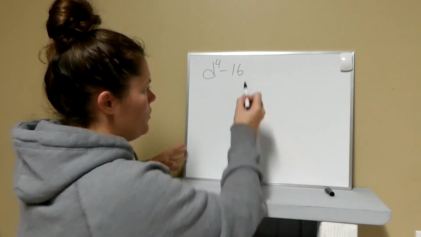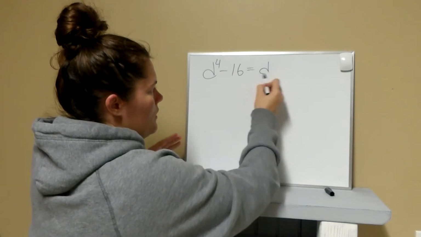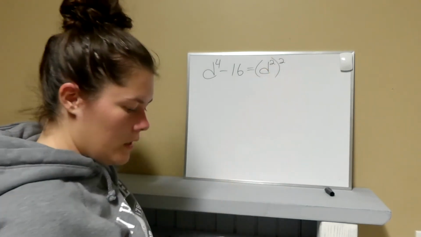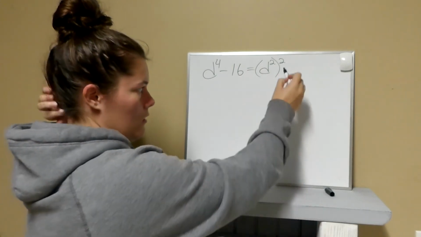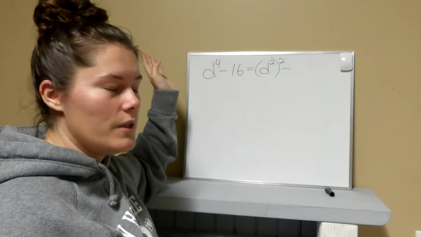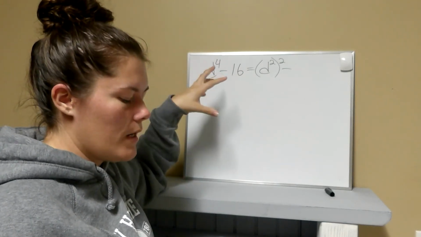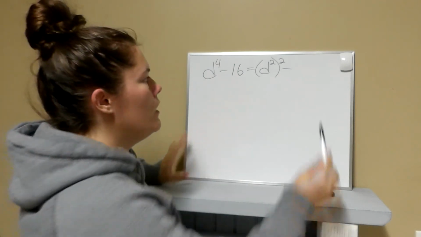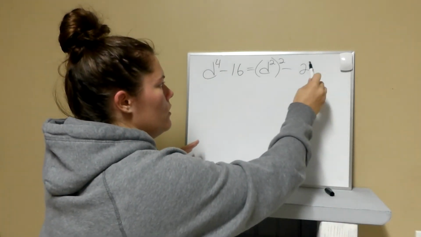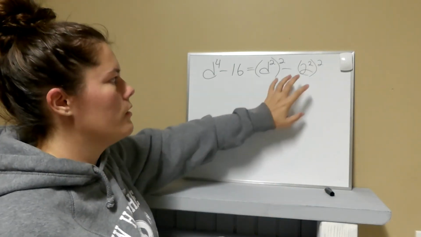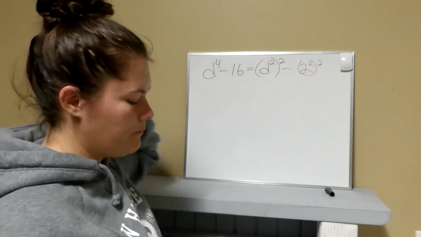Well, you would do d squared minus, here you would have to do kind of what we did with the other one, where you would have it squared and then cubed, but it's not a large enough number to do it cubed. So you would just do 2 squared squared. So you're raising everything to the 2nd power.